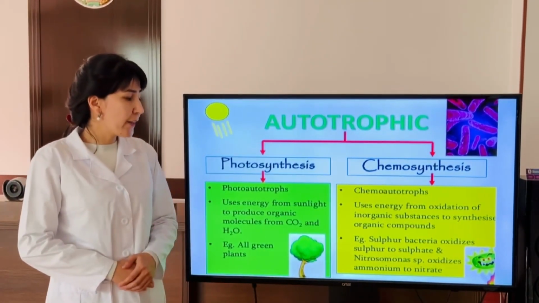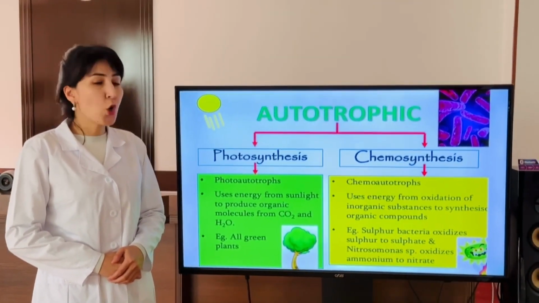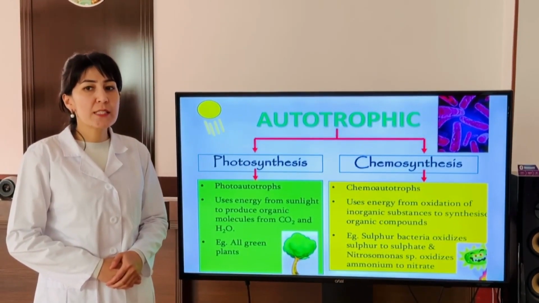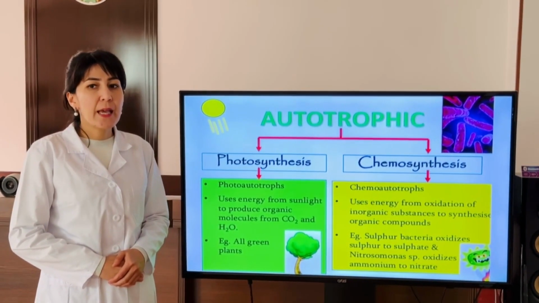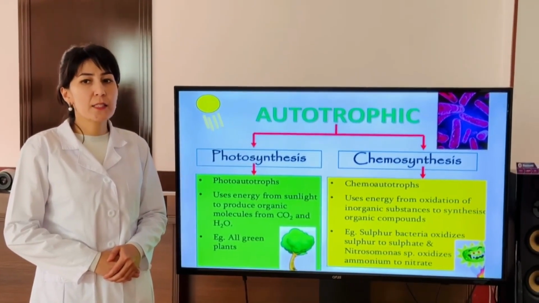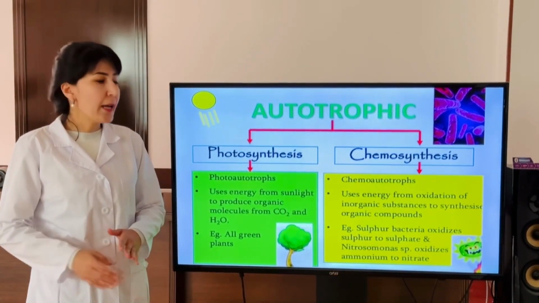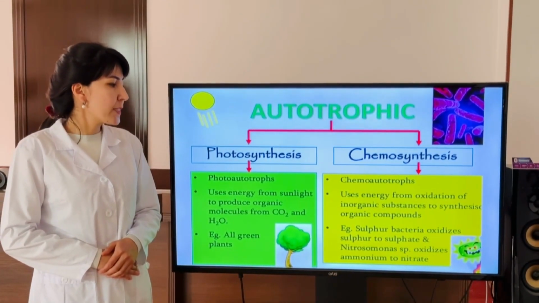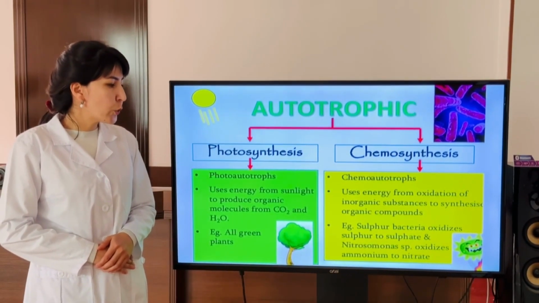Chemoautotrophs use energy from the oxidation of inorganic substances to synthesize organic components; sulfur bacteria oxidize sulfur, and nitrosomonas oxidize ammonium to nitrate.